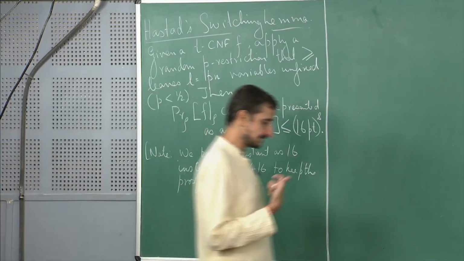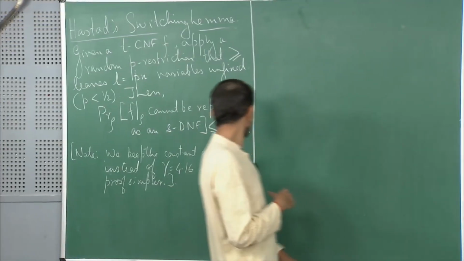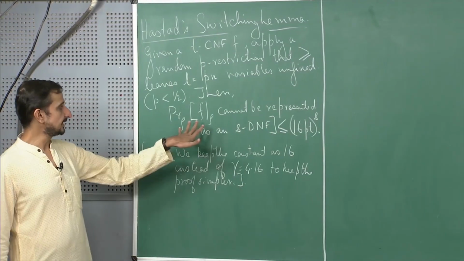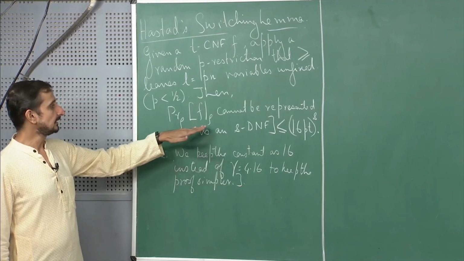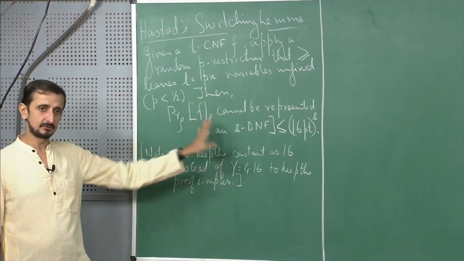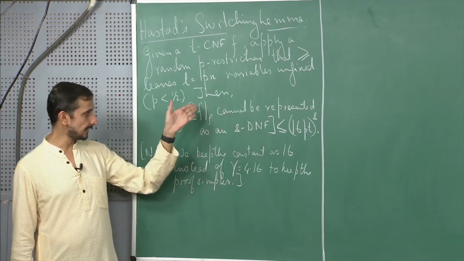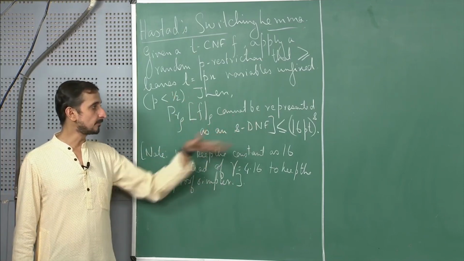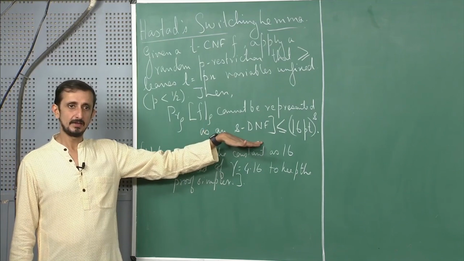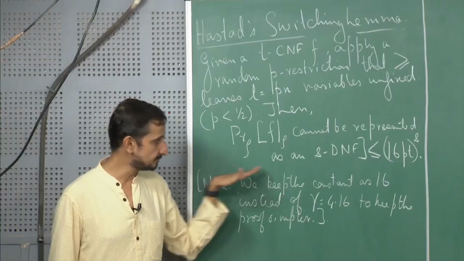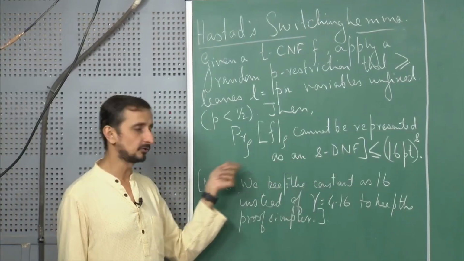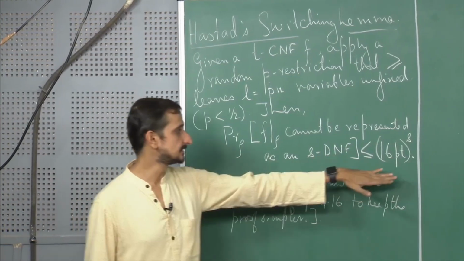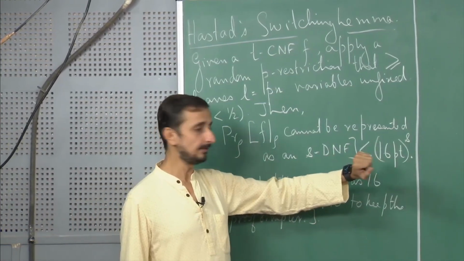So how do we establish this proof? The way we will establish this proof is we will count the number of bad restrictions. A restriction is bad if f restricted to that restriction cannot be represented as an SDNF. We will count the number of such bad restrictions as a ratio of the total number of restrictions, and we will show that this ratio is less than this quantity.